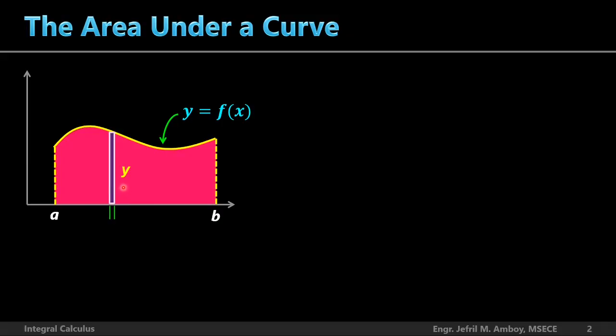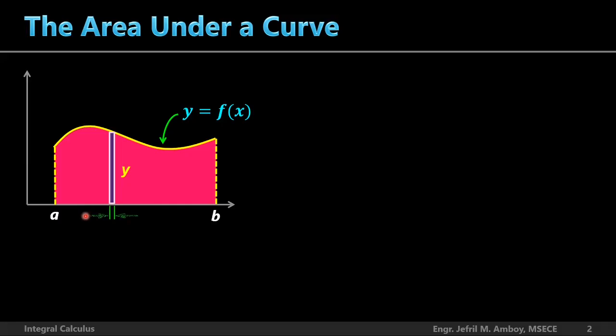And since there are infinitely many rectangles like this, it follows that their width would be infinitely thin. Okay, so approaching zero.